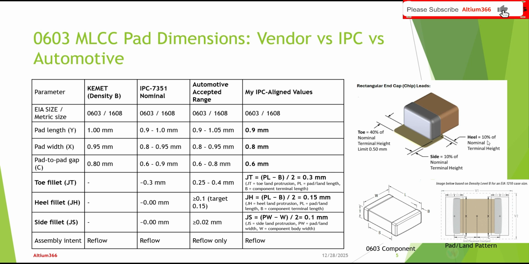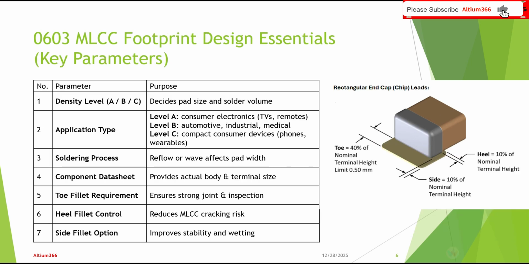This is 10% of the nominal terminal height, and the side is also 10% of the nominal terminal height. I'm going to use for creating my component in Altium Designer a toe fillet of 0.3 millimeter, heel fillet 0.15 millimeter, and side fillet 0.1 millimeter. So basically this provides you a strong soldering here. That's the purpose.